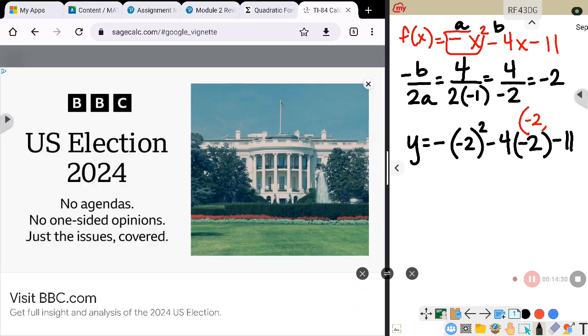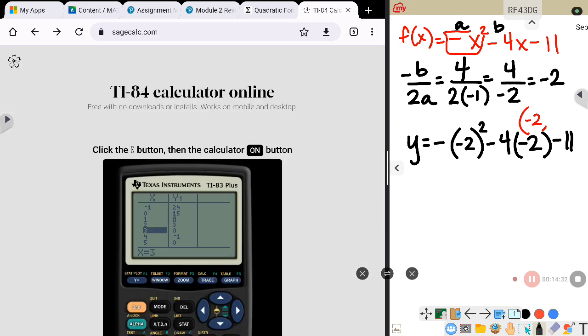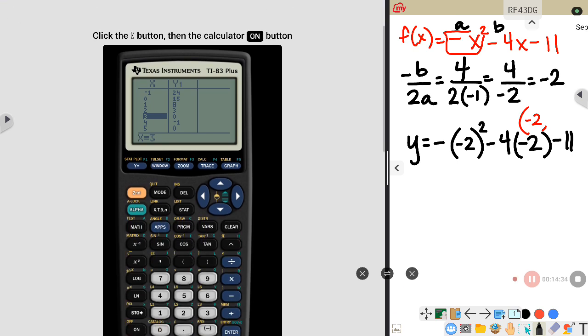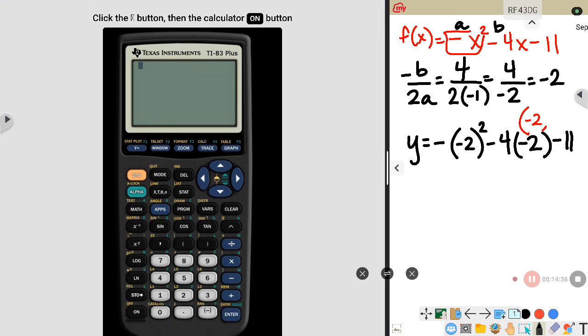So I'm just going to take this to my calculator and type it in like I see it. So negative, then open parentheses, negative 2, close that, and square it, minus 4, open parentheses, negative 2, close, minus 11, which gives me negative 7.